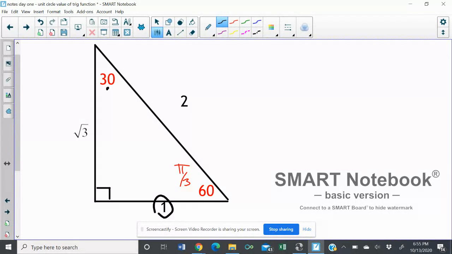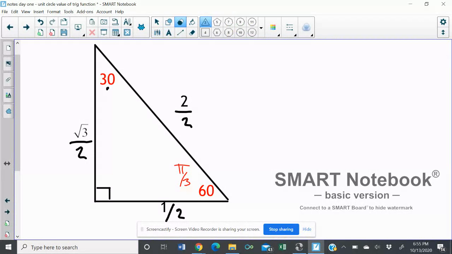Makes sense. So now what we need to do is figure out, again, radius needs to be a 1. So I'm going to divide each piece by 2. All right, so now my triangle, let's go by these.